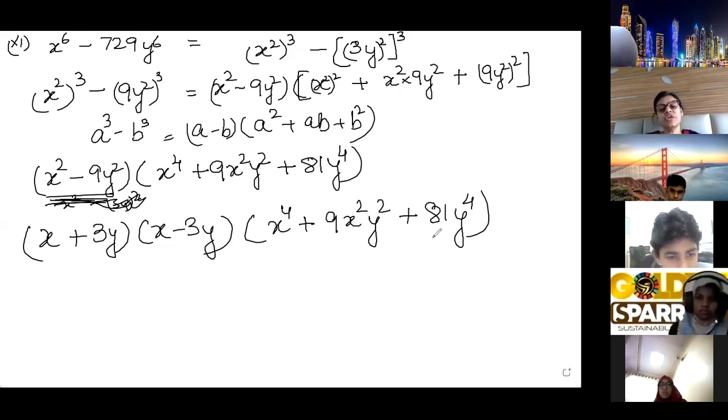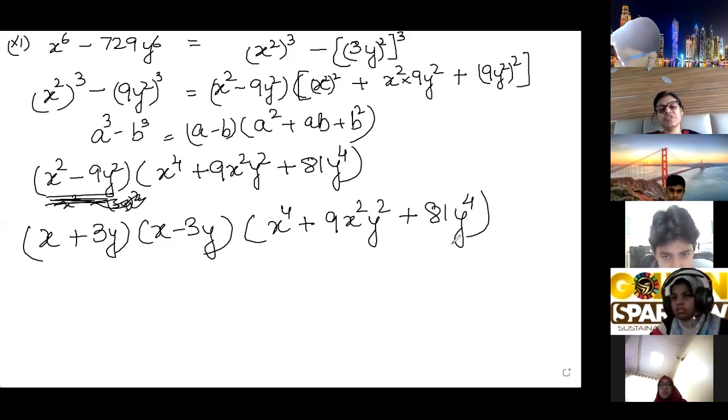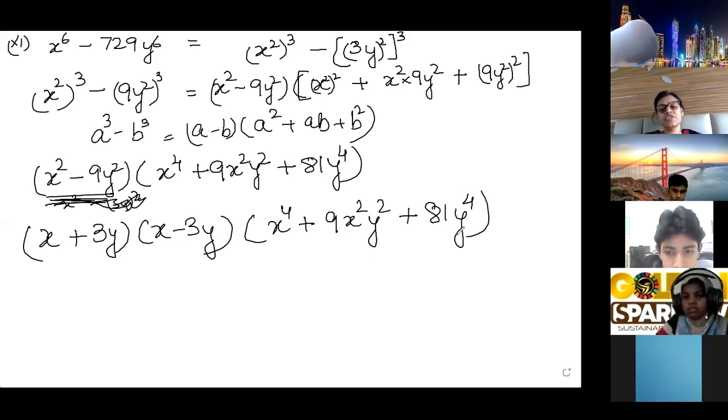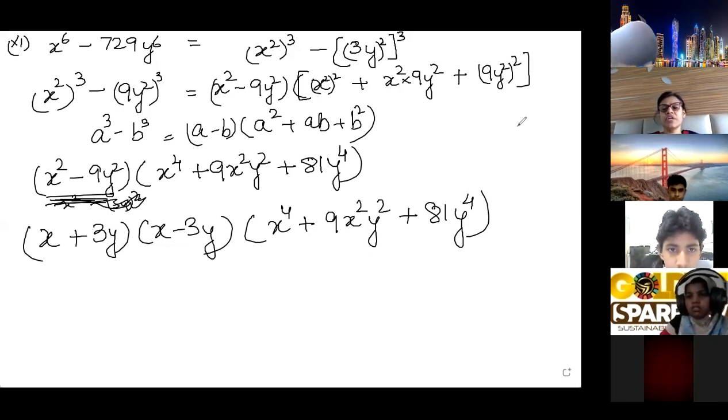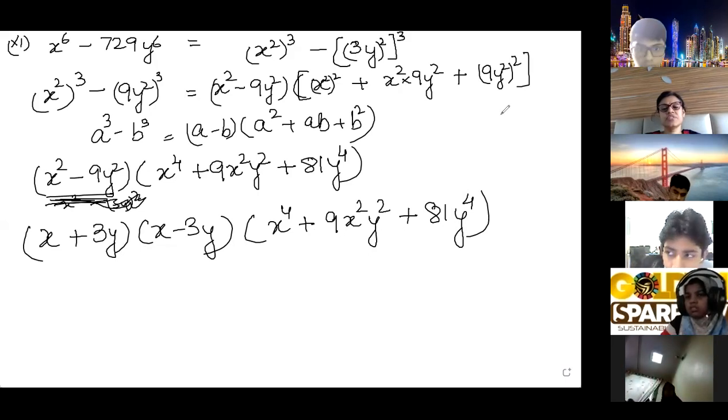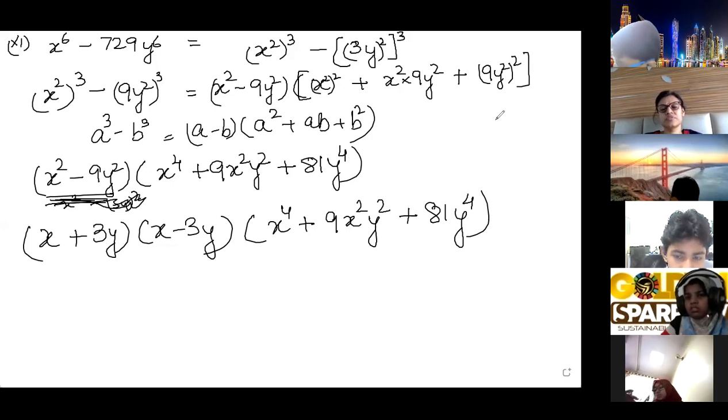This I think you can further split. I think you can split it into middle term. Just think, 81y raised to 4 is there. 81, can you break it? 9 9s are 81. No, you cannot break that. Any other factorization is there?